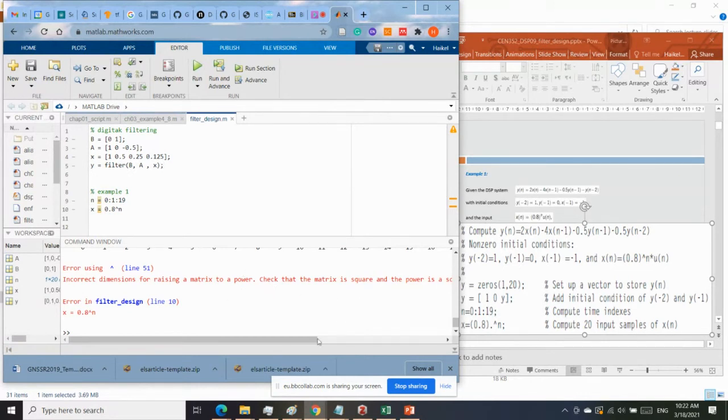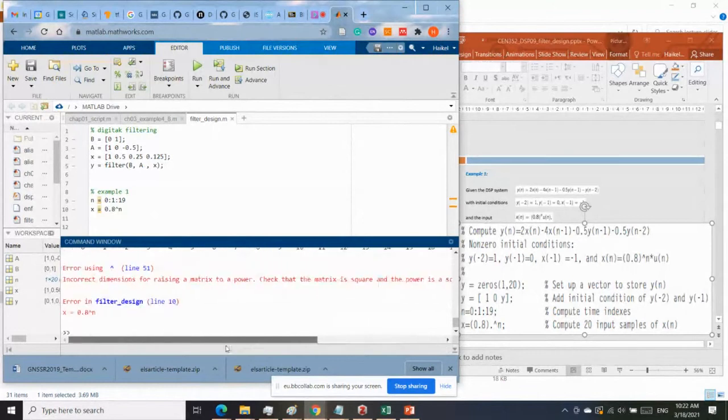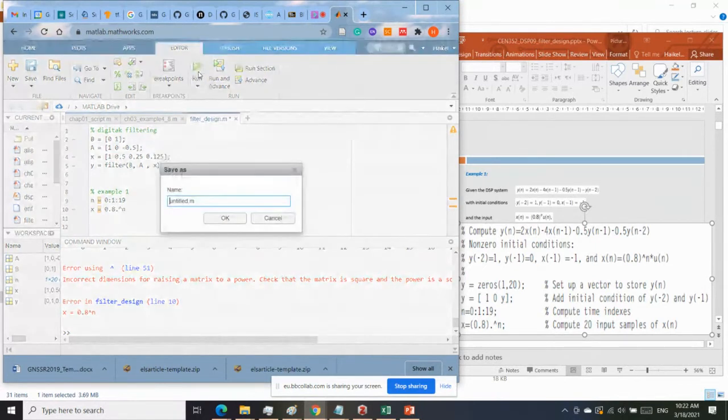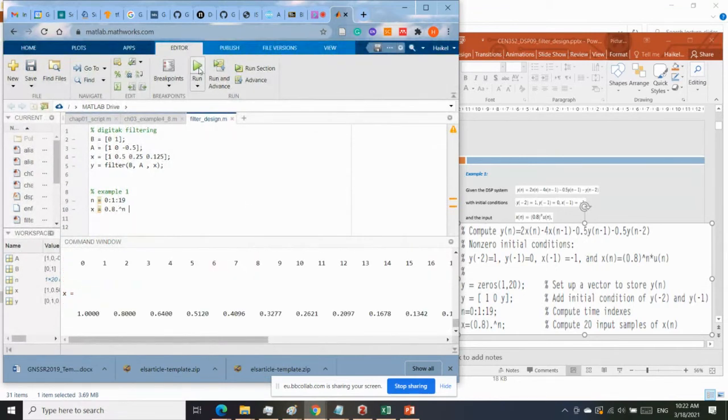Check the matrix is square and the power is a scalar to perform element-wise. Maybe you can try that, but I think it's not what I want. Okay, correct. So 0.8 to the power of 0 gives 1, to the power of 1 gives 0.8, and so on. Okay, good.